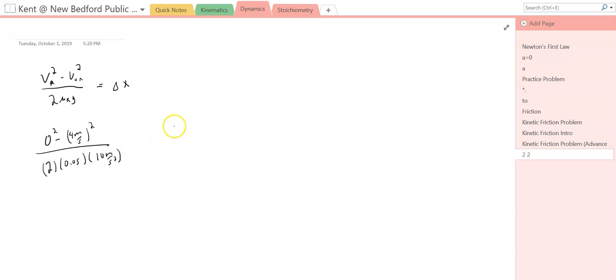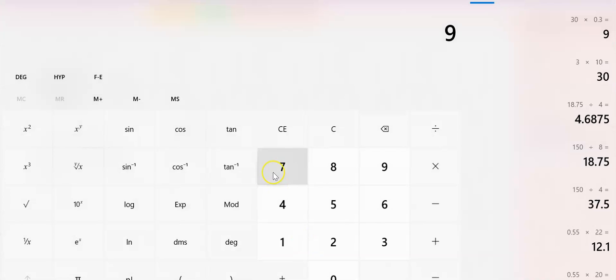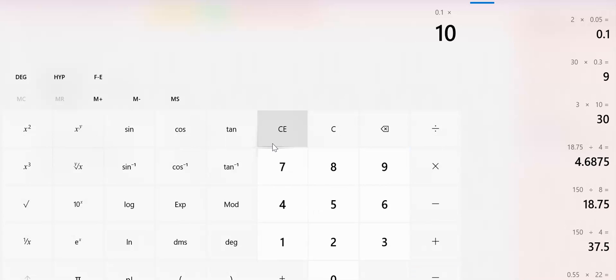All right, so that gives us 16 meters squared over second squared divided by 2 times 0.05, which is 0.1, I believe. And then times 10 is going to be equal to 1. So all of this stuff turns into 1. Let's make sure that Mr. Wood is not talking nonsense. 2 times 0.05, right, times 10. So that all goes to 1.